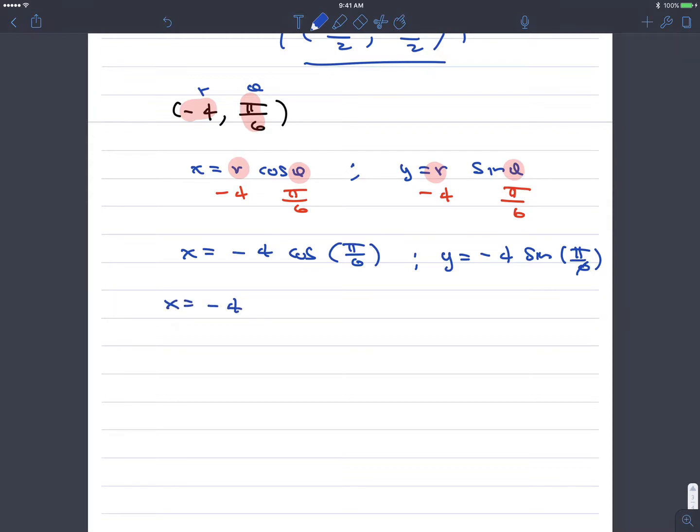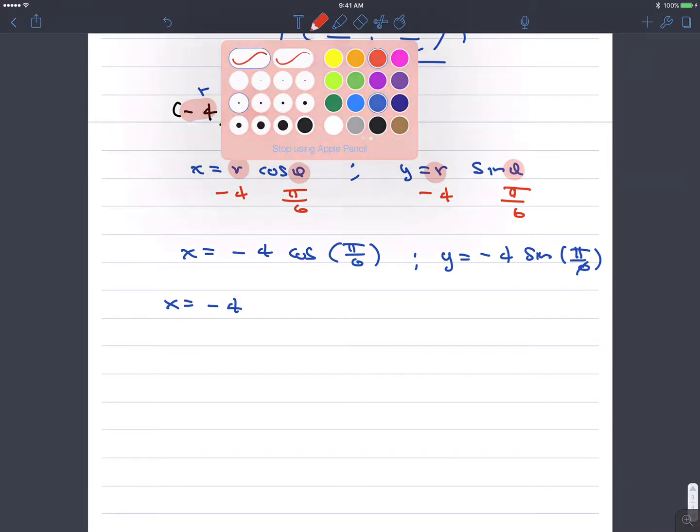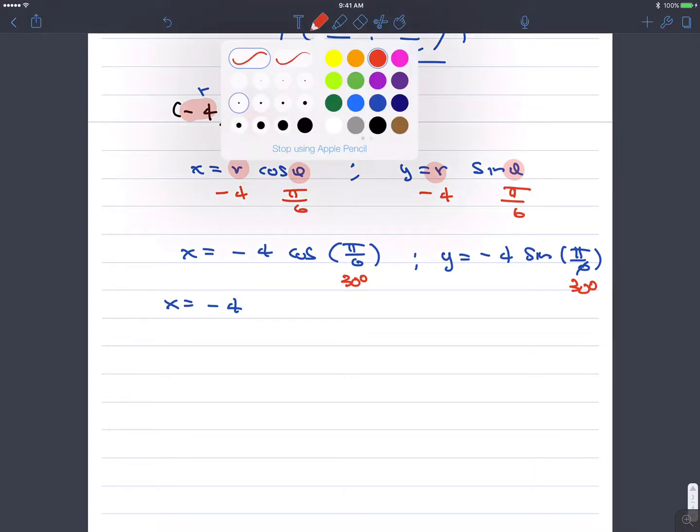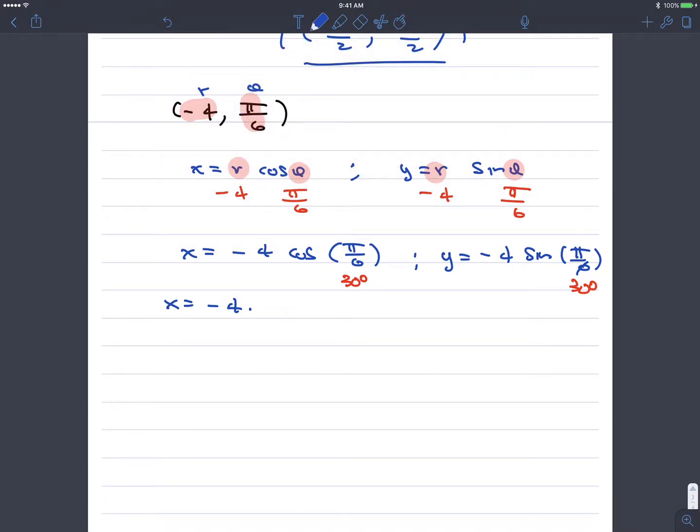Anybody happen to know what's cosine pi over 6? Pi over 6 we already know is what? Is that 30 degrees? Everybody okay with that? So how do you get cosine pi over 6? What's cosine 30? I don't hear some confidence. What's cosine 30 degrees? Cosine pi over 6?